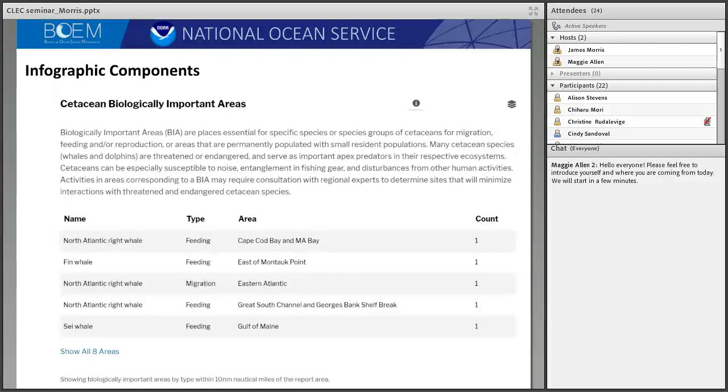For example, we want to know, within any box or polygon that's been selected or drawn, for this one, it says this is going to show us biologically important areas, BIAs, for whales by type within 10 nautical miles of the report area. So we had to debate and argue and figure out, is 10 miles enough?